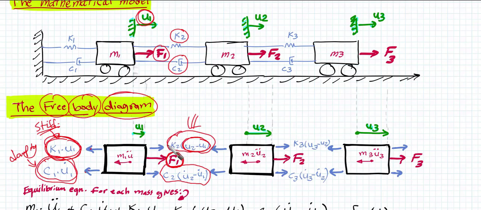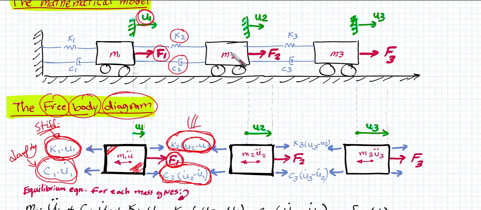This is the effect of the stiffness of the second floor on the first mass. And in a similar fashion, this is C2 times U dot 2 minus U dot 1. It is the effect of the damping of the second floor on the first mass. Okay, so that's how we can understand the mathematical model and the free body diagram.